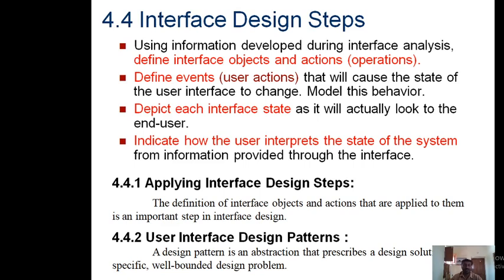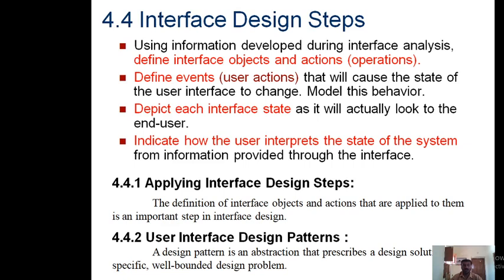Then the second step is to define the events, nothing but user actions. We already discussed that if there is an event, it compulsorily causes a change of state in the user interface. So what are those changes that take place? If there is a state, it is modeled based on the behavioral model. Then the third step is to depict each interface state.